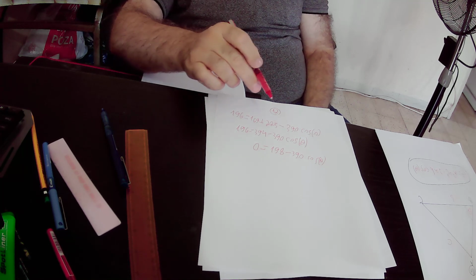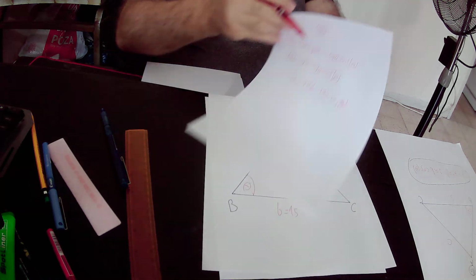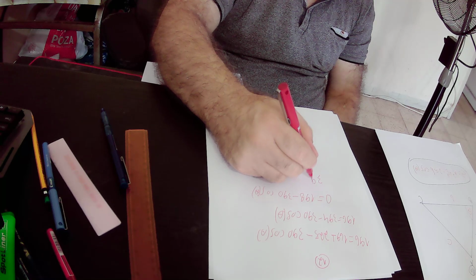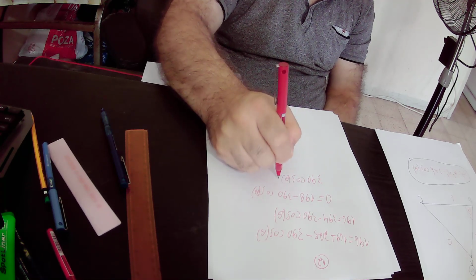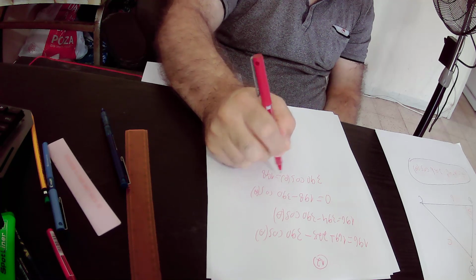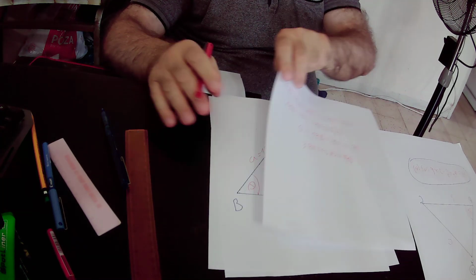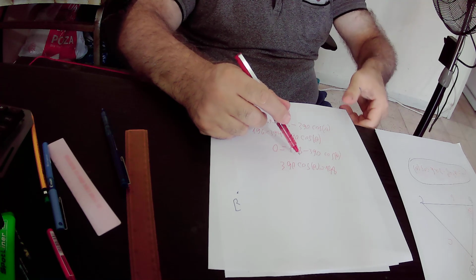Here we add 390 cosine theta to this equality, and we get that 390 cosine theta equals 198. Here we divide this equality by 390 in order to get the value of cosine theta.